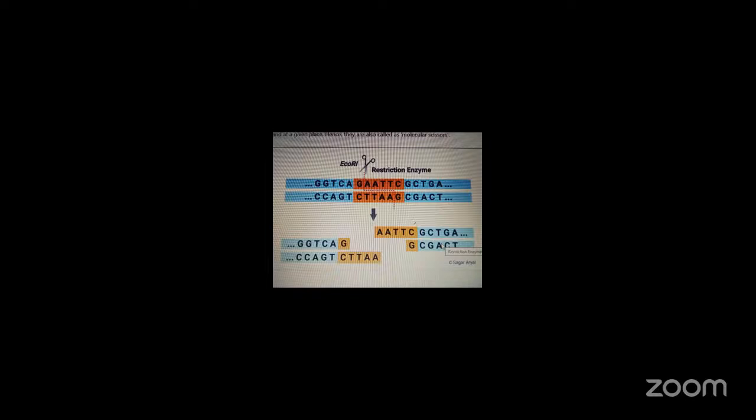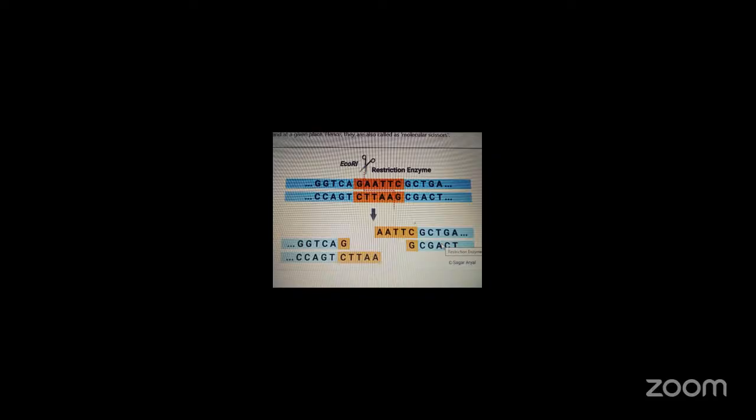Type 1, type 2, type 3, and type 4 differ primarily in structure, cleavage site, specificity, and cofactors. Based on these characters, we categorize them into four types of restriction enzymes.